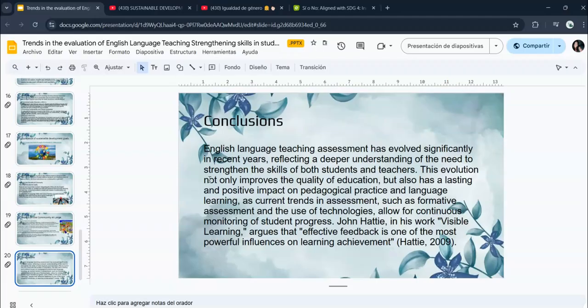Number two, generate a positive impact on pedagogical practice, and for me that is an important point that I can mention in conclusion. Number three, strengthening the skills of students and teachers. Number four, the last, use technology to see the progress of teachers and students at the same time.